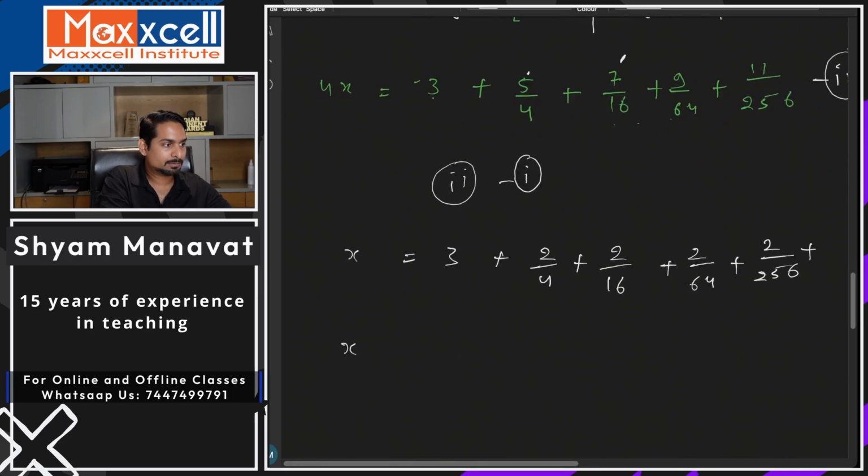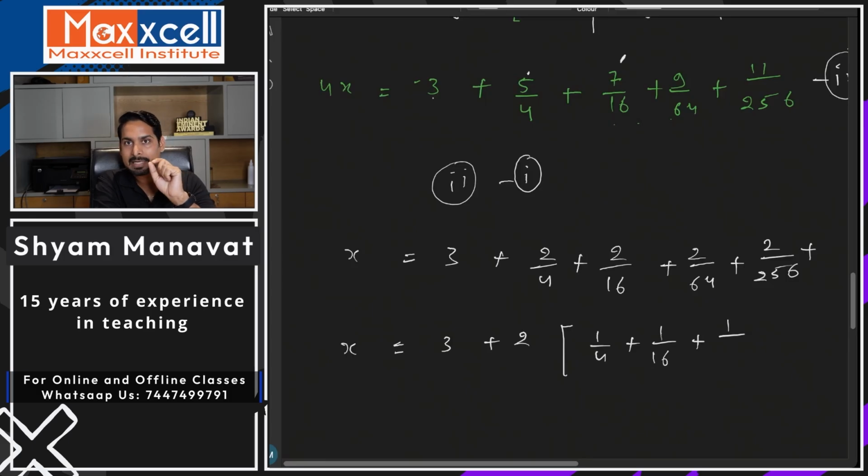Now what do you have here? x is equal to 3 is fine. You can take 2 common. Then you have 1 upon 4. See, the common difference of the AP term you can take common now, because you get only that. So in a way you have eliminated the AP part of the series and you got only the GP part of the series now.